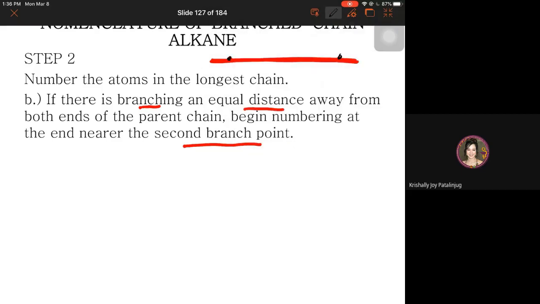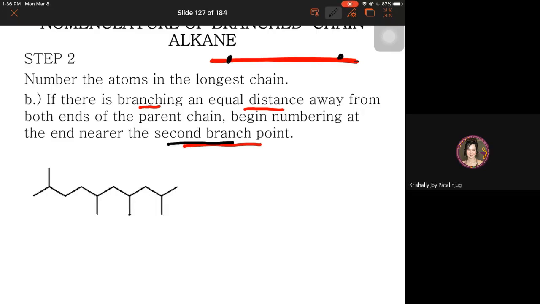Kung dito ka magsisimula sa left, on carbon 2, may branch agad. Kung diri ka mag-start sa right, on carbon 2, may branch rin. So if that is the case, equal yung distance ng first branch point, you have to proceed on the second branch point. Kung saan naman mas malapit yung pangalawang branch point.